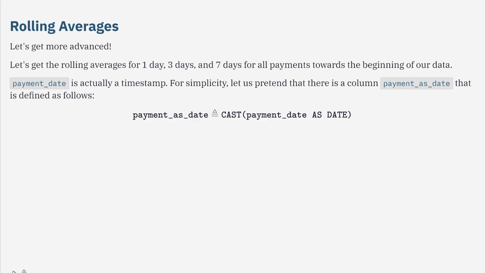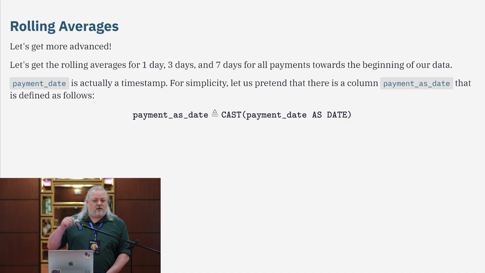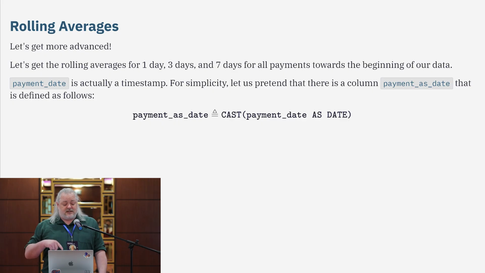Because payment date is a timestamp and I want everything by date, I'm going to simplify the queries in the presentation. This doesn't work in actual SQL, but in the presentation, I'm going to say payment_as_date is equal, by definition, to CAST payment date AS date. So when you see payment as date, it's this cast. I just wanted to save some space on the slides.